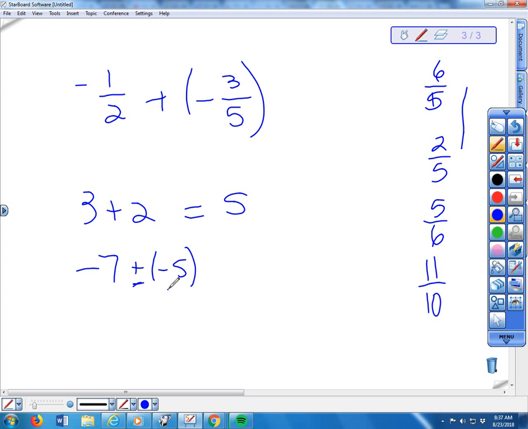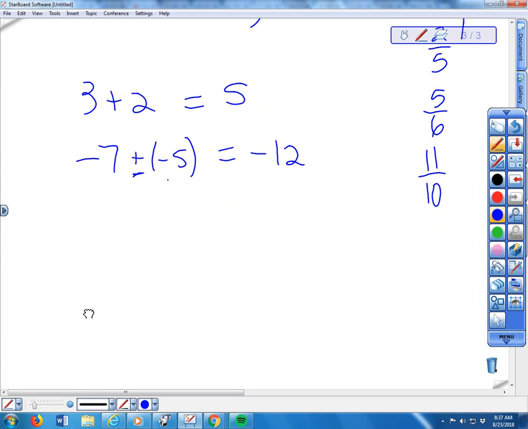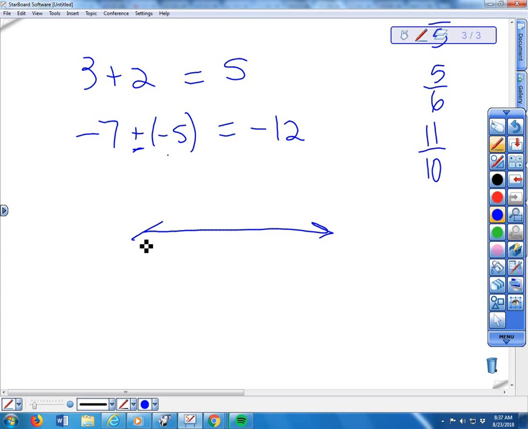Okay, and why does this work? Well, what's 7 plus 5? 12, and the sign on both is negative, so negative 7 plus negative 5 is negative 12. Let's think of it on the number line. This is 0, this is negative 7. I need to go further, so I start at negative 7, and I keep going left.